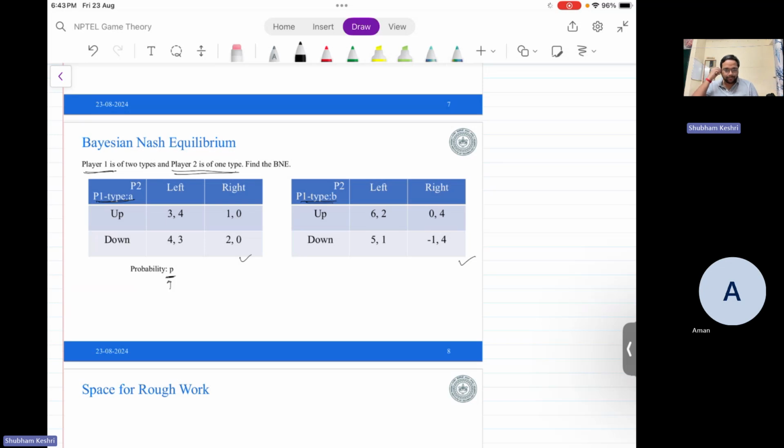I'll not remove the microphone or the speakers. Otherwise, I'll not be able to hear you. All right.